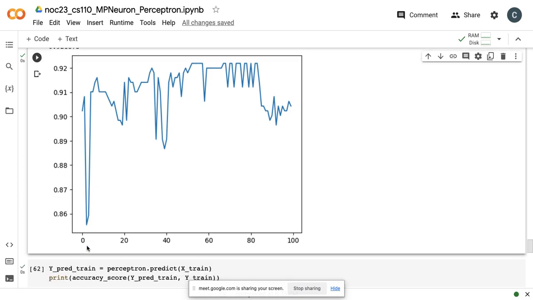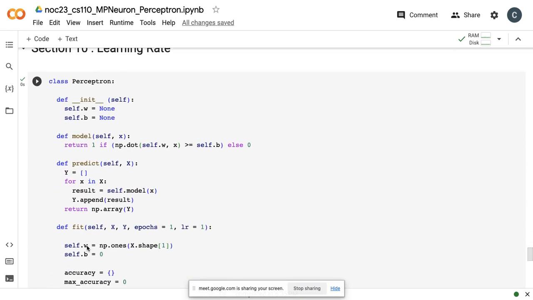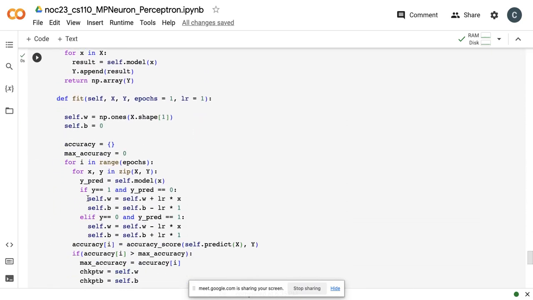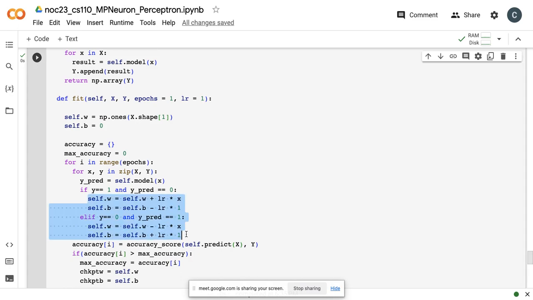So to do this, we can put in a learning rate. That means when we are learning, here in this code we are putting the learning rate. When we are updating the values of our w and b, we should do it in very small steps. That's why you might have heard that learning rate usually deals with 0.1 or 0.001 like that.